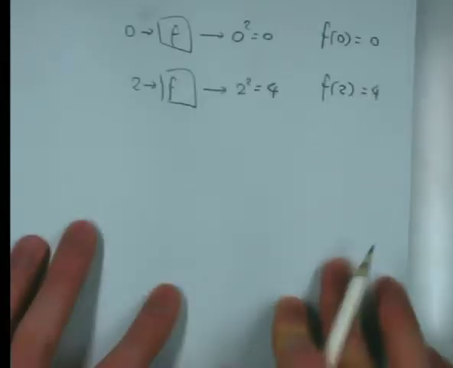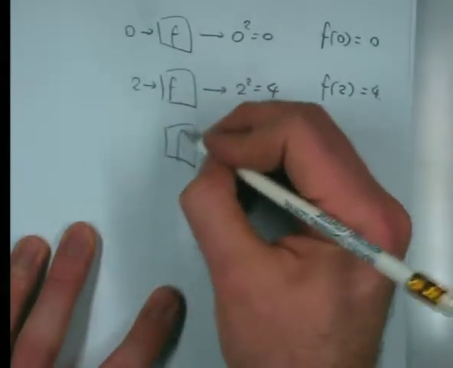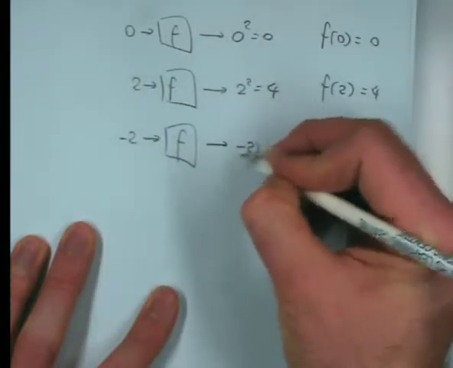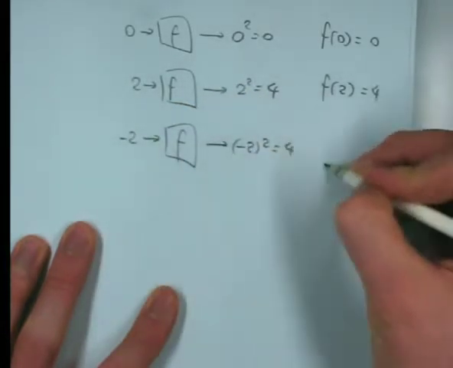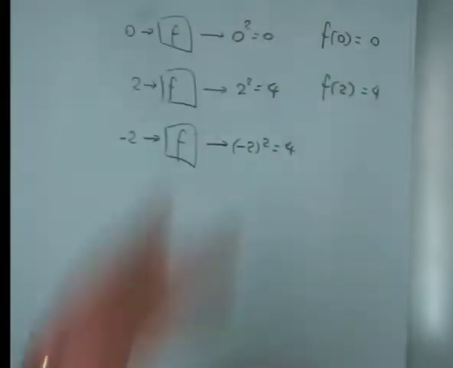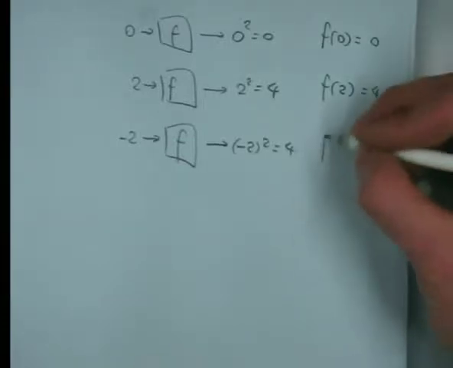Just to point out, it doesn't matter if different inputs produce the same output. It's okay to put in two different numbers and get the same output. As long as every time you put in a number, it gives you the same answer for that particular number, it's okay.